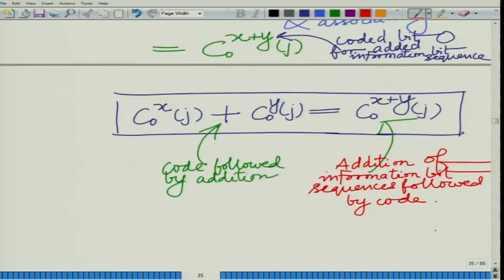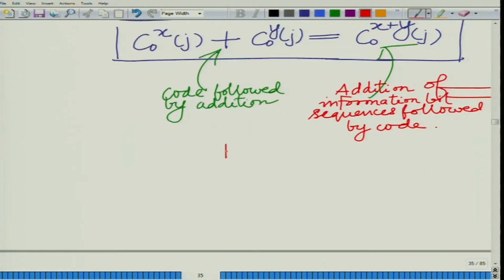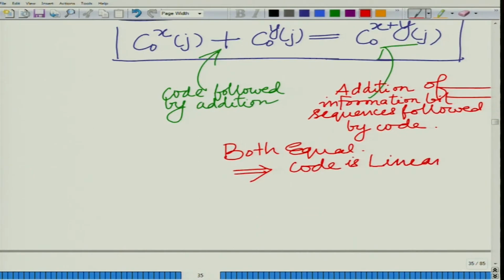And both are equal, which implies that the code is linear.